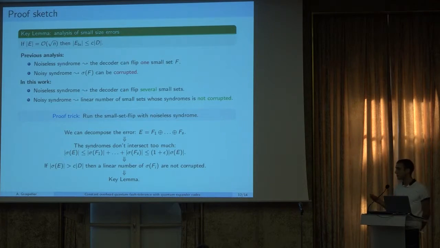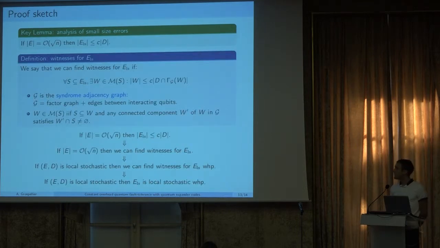And so this implies that the syndromes of the small sets don't intersect too much. As a consequence, if we suppose that the syndrome error is small enough, then we know that there is a linear number of small sets whose syndrome is not corrupted, and as a consequence, we get our lemma.